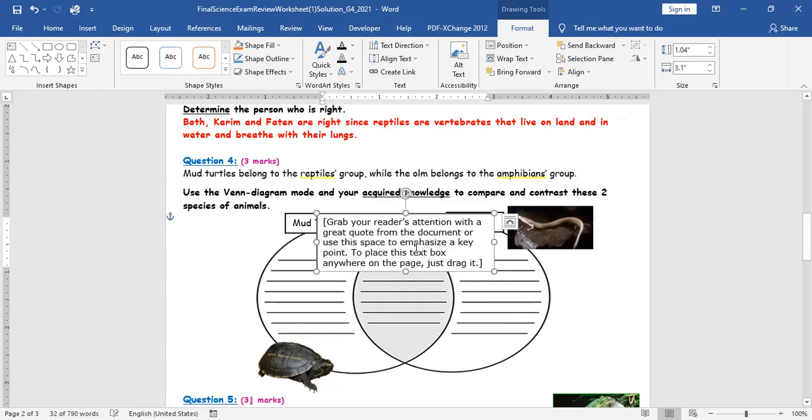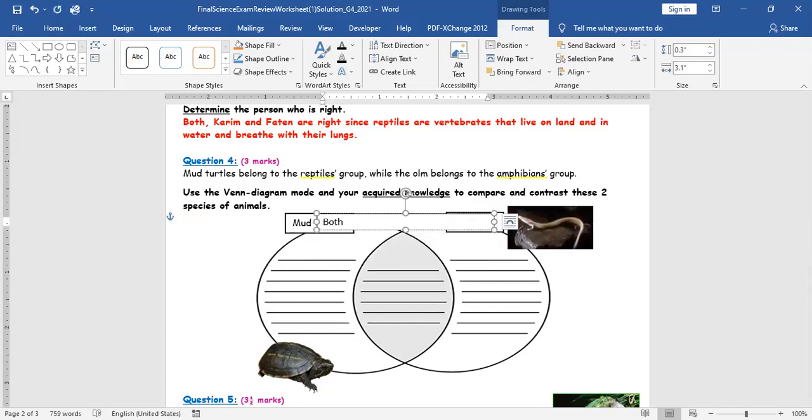Okay. It's enough to write two similarities and two differences, but I will write as much as I can. Both turtles and alms are vertebrates. Both reproduce by laying eggs, so both are oviparous animals. Both don't have a fixed body temperature, so both are cold-blooded.